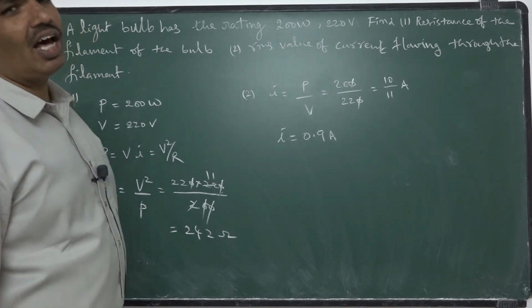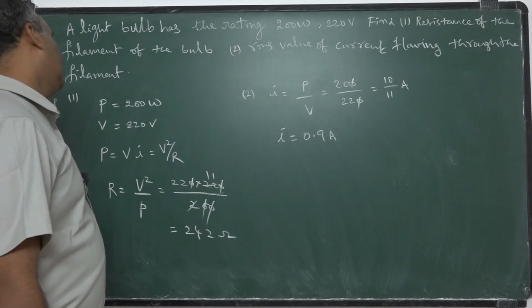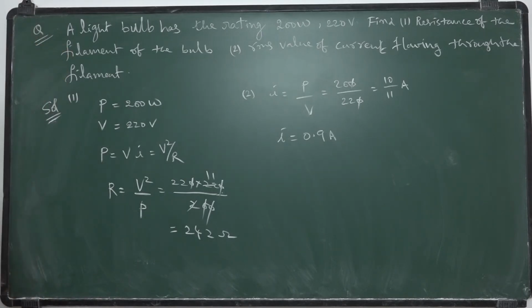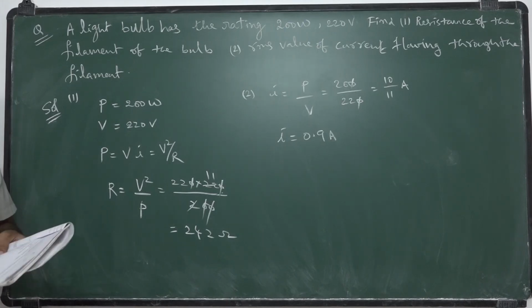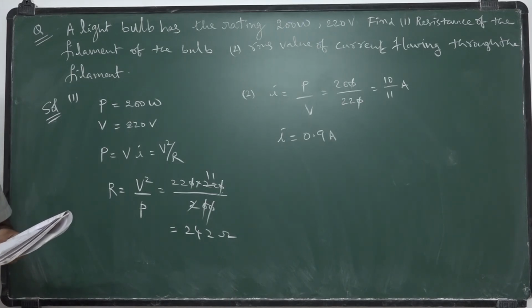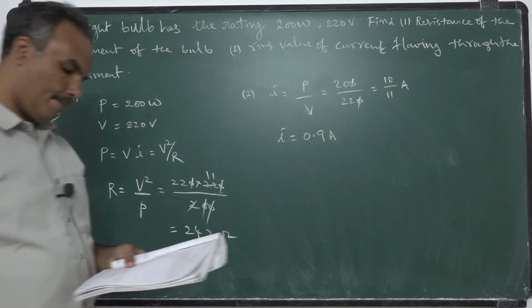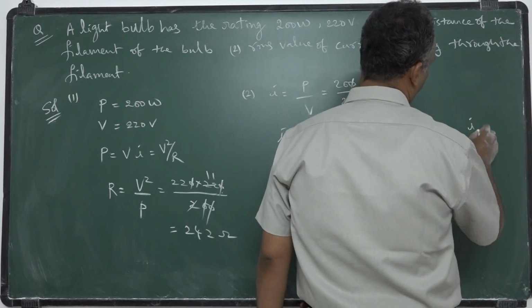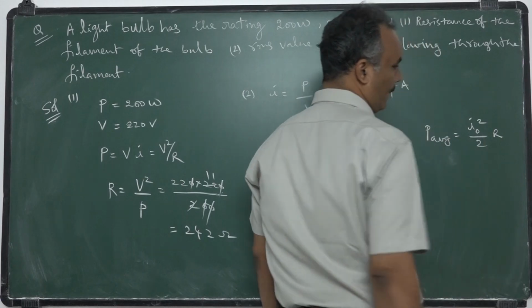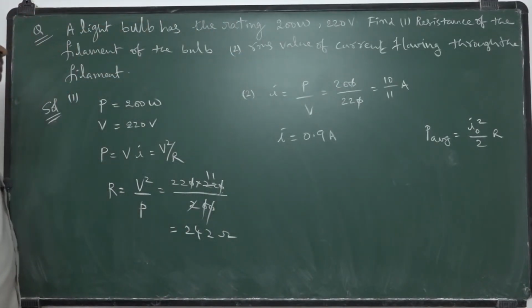But this current itself is the RMS value of current, because we calculated power dissipated in case of a pure resistive circuit, and the value we derived is average power is I naught square by 2R.